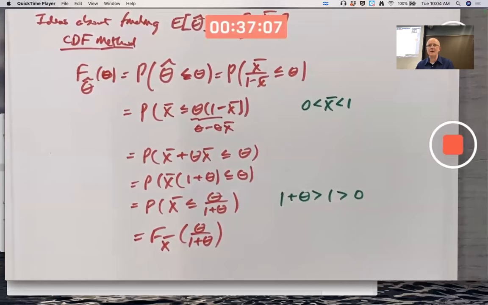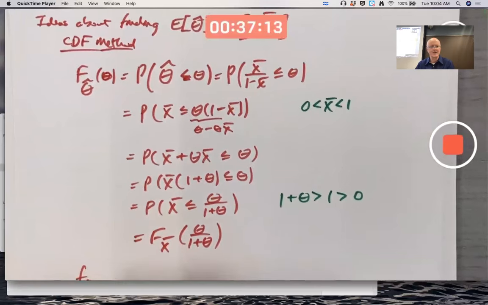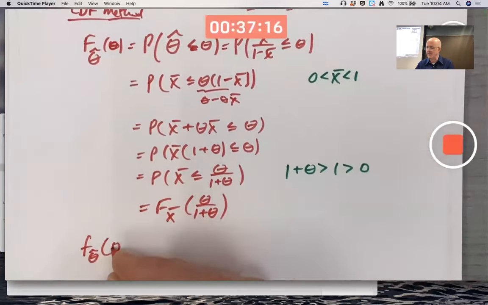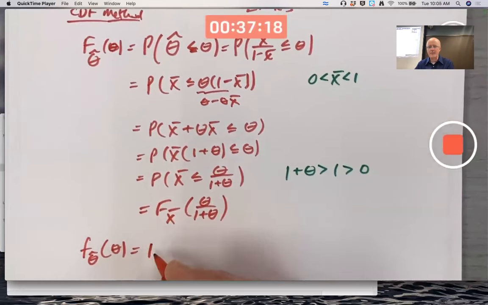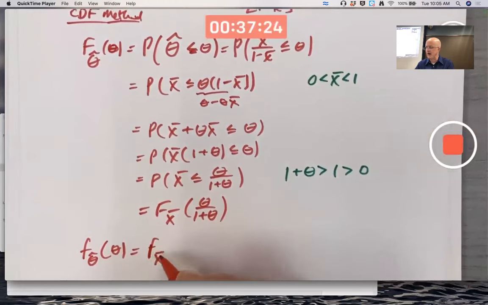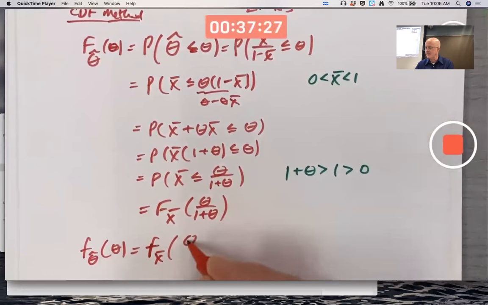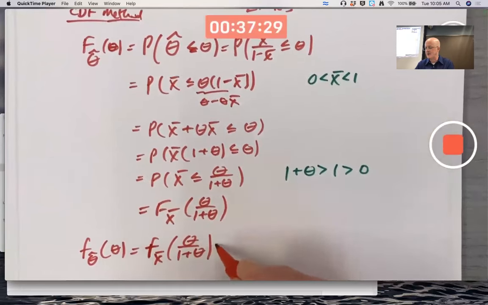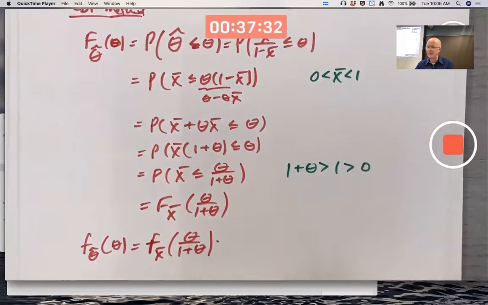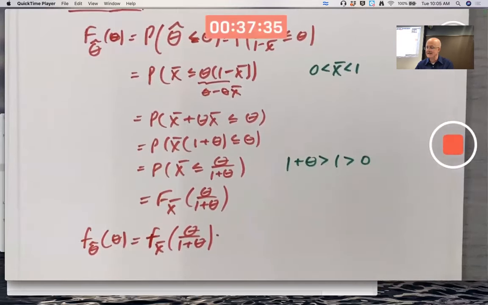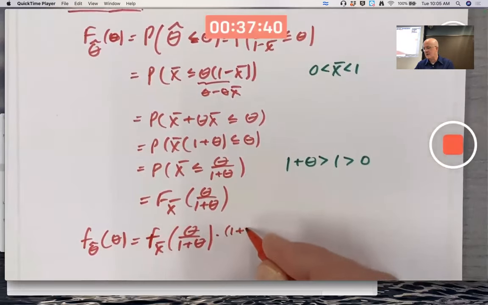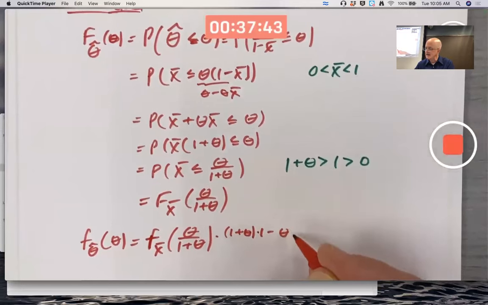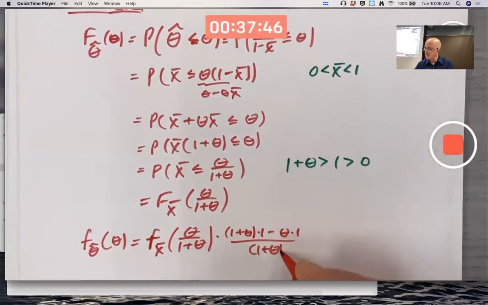But that would mean I'd need to know the CDF of x bar, or if I differentiate now to find the PDF, little f sub theta hat of theta would be the derivative of capital F sub x bar of this, which would be little f sub x bar, the PDF of x bar, evaluated at theta over 1 plus theta, times, by the chain rule, the derivative of theta over 1 plus theta. I'm differentiating with respect to theta, and I need the quotient rule for that. Low d high minus high d low over the square of what's below.